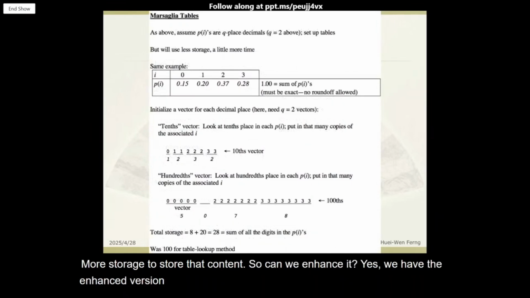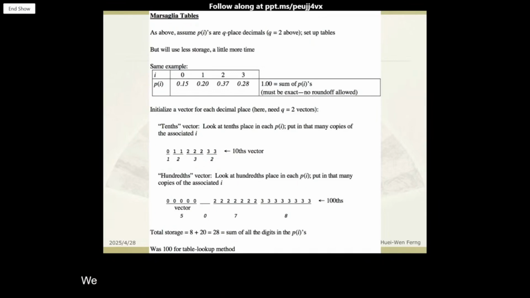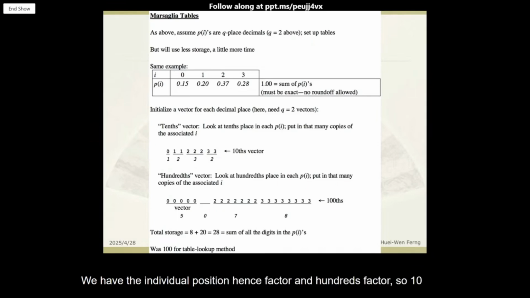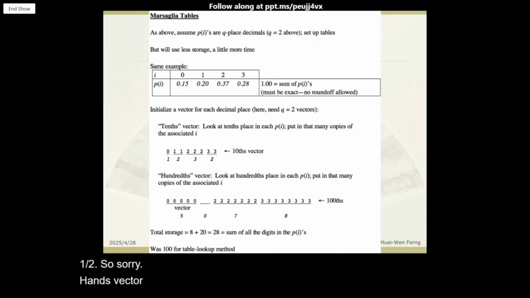Marsaglia tables. Right now, we still have the same example, but we ask you to check the individual position, the tens factor, and the hundreds factor. For the tens factor, 0 has 1, 1 has 2, 2 has 3, and 3 has 2.